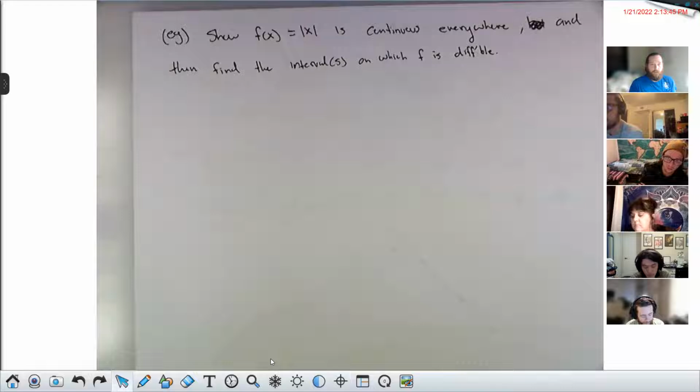And kind of the implication here is that this function is continuous everywhere, but not differentiable everywhere.